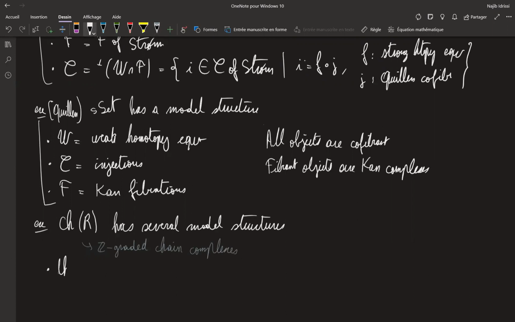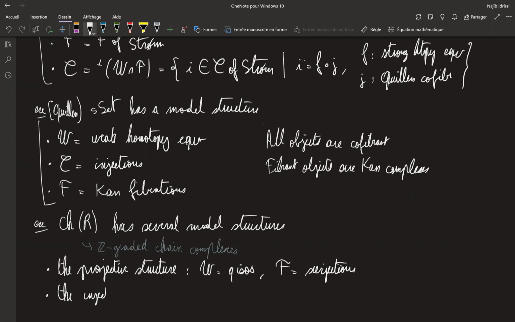So the projective structure, it's a name, where W are quasi-isomorphisms and fibrations are surjections. The injective structure, where similarly W are quasi-isomorphisms, but cofibrations are injections.